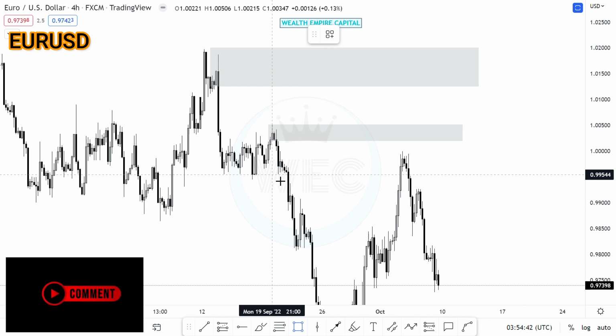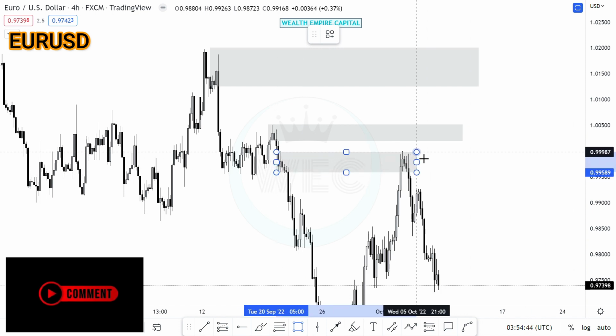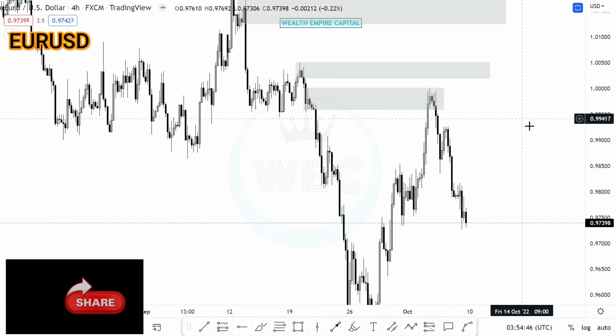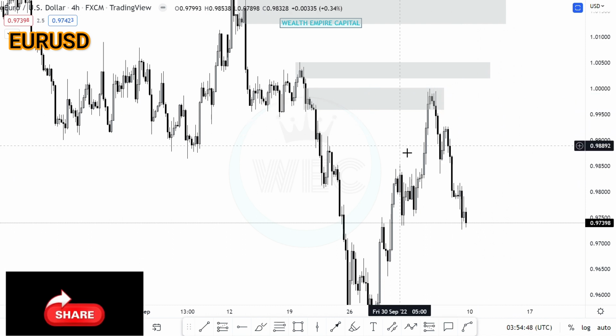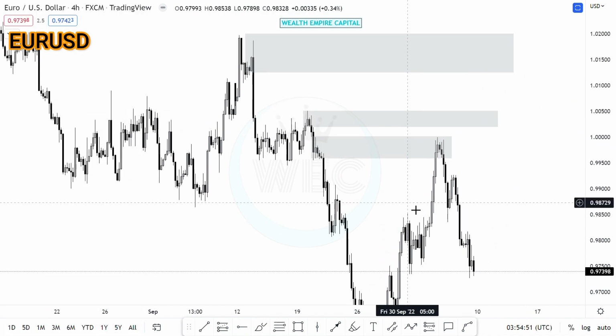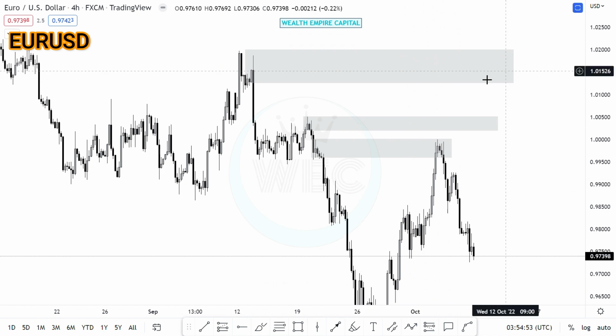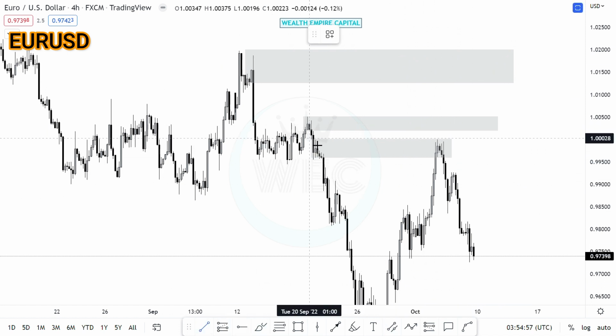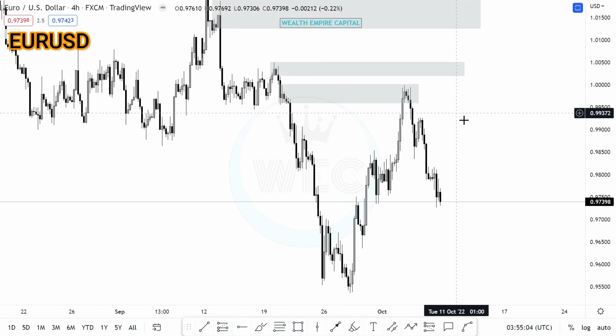And the next one is going to be this range over here, and that is where price came to. So we can see that price is reacting from this one. Now another thing that I need to pay attention to is the fact that this supply zone that we have has equal highs. The reason why I'm saying pay attention, I'm going to talk about it very soon. So we have equal highs right in here, so you need to pay attention to that.